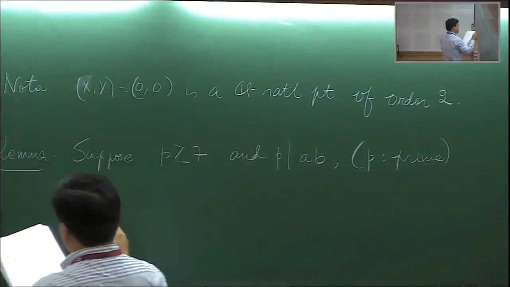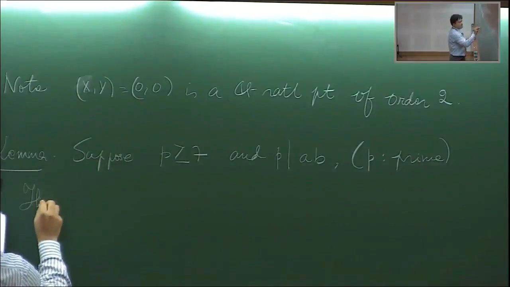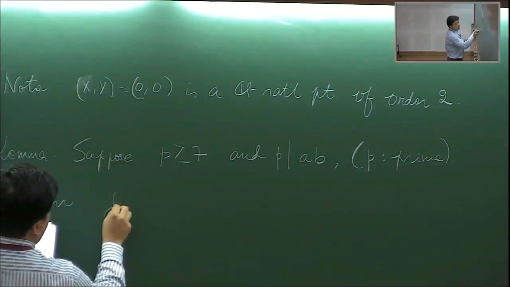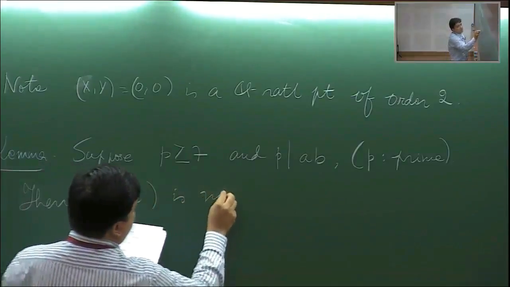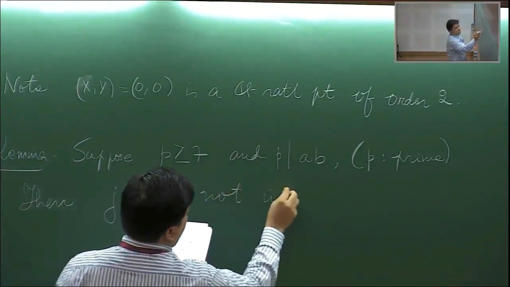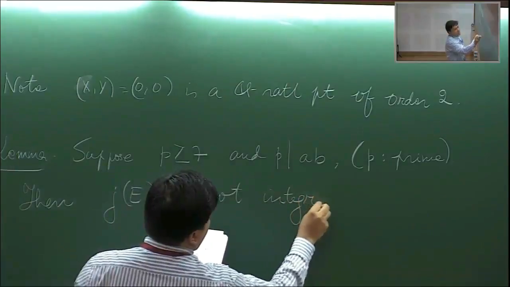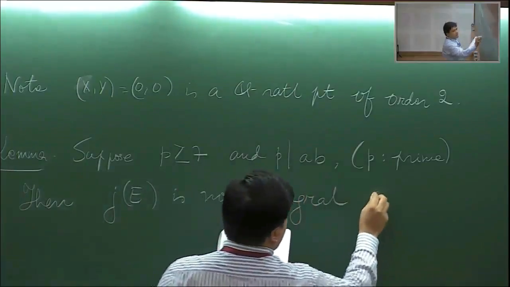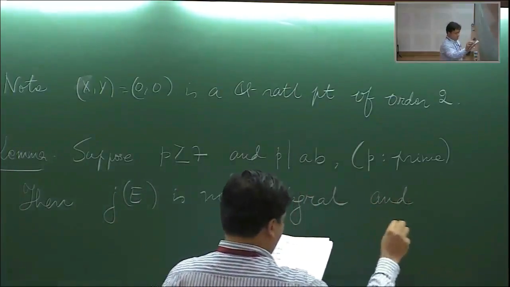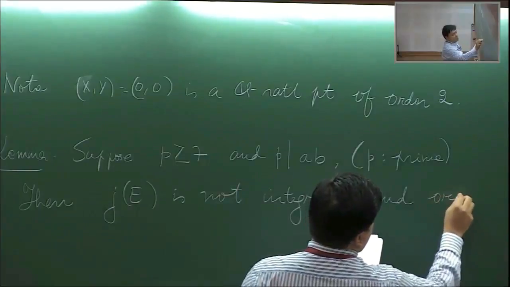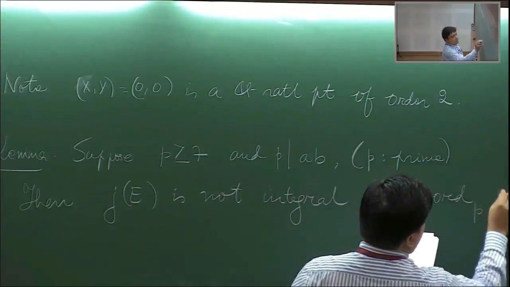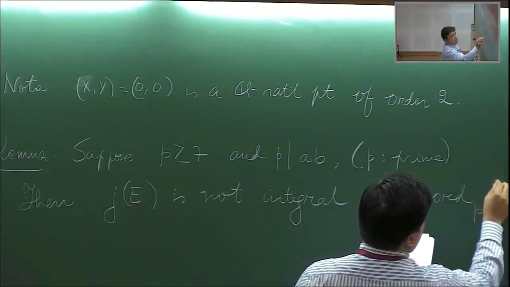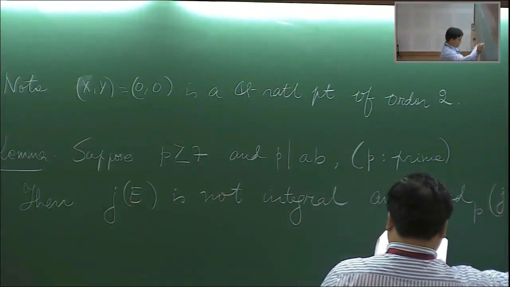Then the j-invariant of E is not integral, which means that the order at p of j(E) is less than 0.